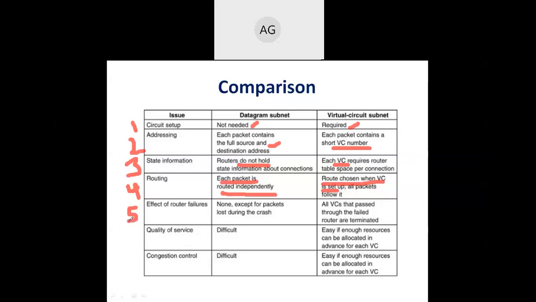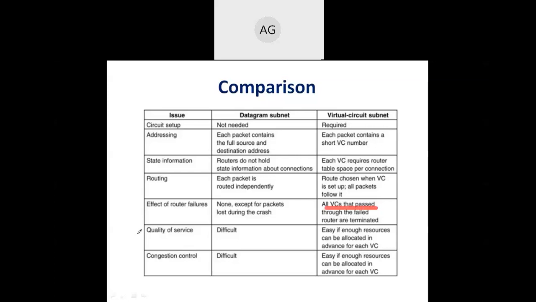The fifth point of difference is the effect of router failure. In datagram, there is no effect except for packets lost during the crash, whereas in virtual circuit, all virtual circuits that passed through the failed router are terminated.